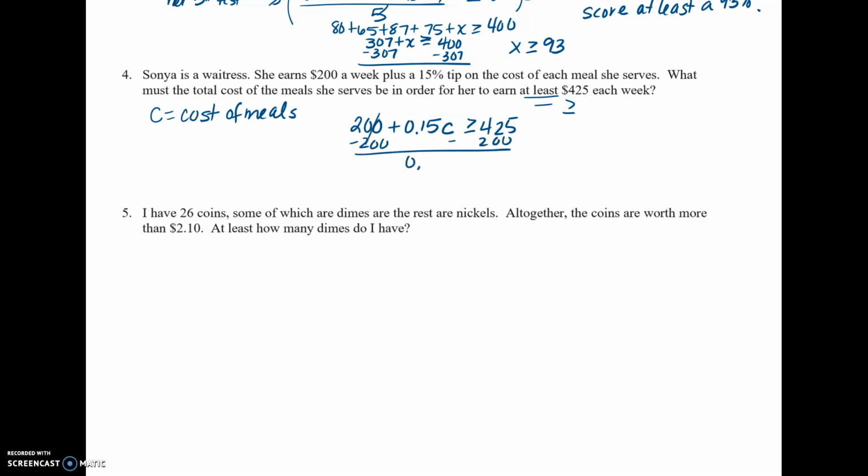And that'll give us 0.15C is greater than or equal to 225. If you don't want to work with the decimal, just go ahead and multiply it by 100, and you'll get 15C is greater than or equal to 22,500. We're going to divide by 15. That does go in evenly, and then it gives you 1,500.